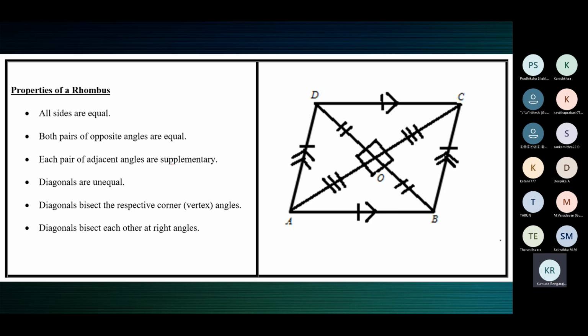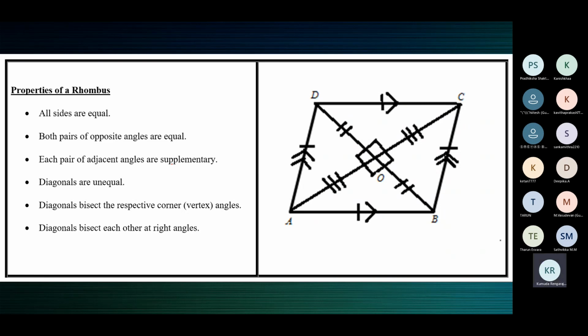Both pairs of opposite angles are equal. Like in a parallelogram, it's a parallelogram, no? So it will have the properties of a parallelogram and some extra properties. You will say that I know because it's a parallelogram. Each pair of adjacent angles are supplementary. That also we know. Diagonals are unequal. So here also diagonals are not equal.